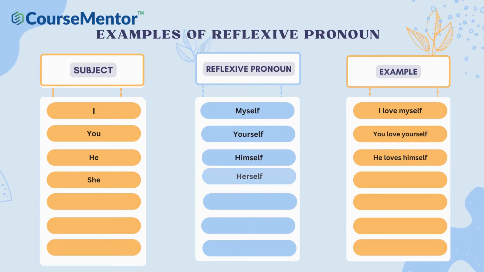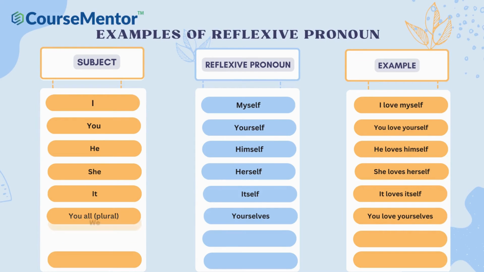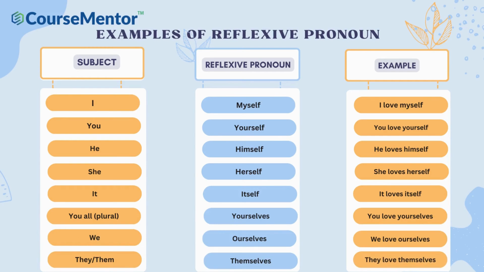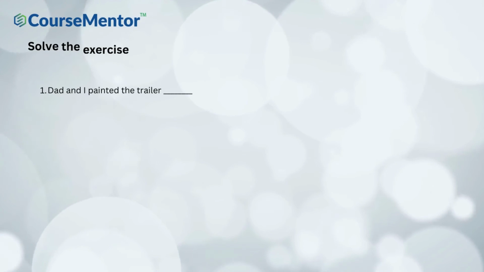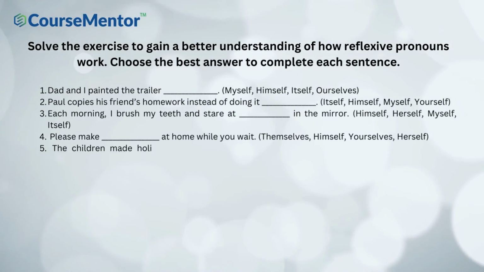She, herself: she loves herself. It, itself: it loves itself. You all, plural, yourselves: you love yourselves. We, ourselves: we love ourselves. They, themselves: they love themselves. Solve the exercise to gain a better understanding of how reflexive pronouns work.